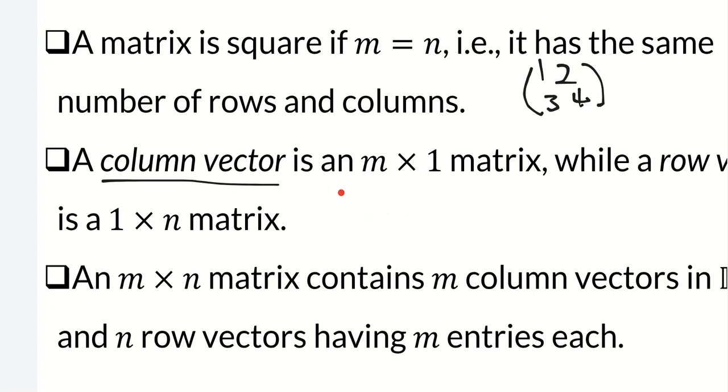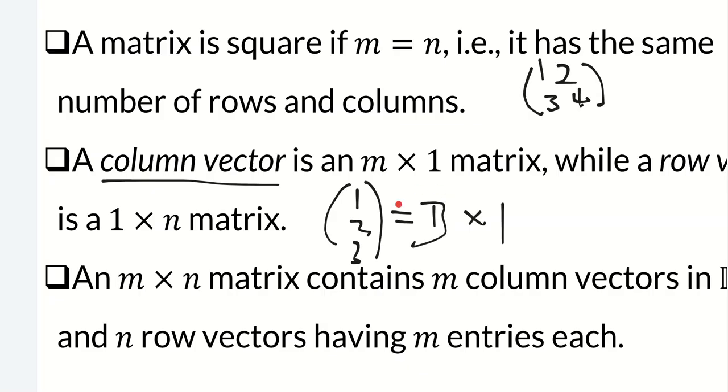So we have a column vector. Let's assume we have a column vector 1, then 2, then 3, right? This vector can also be expressed as a matrix, but it's going to be of dimension 3 by 1.